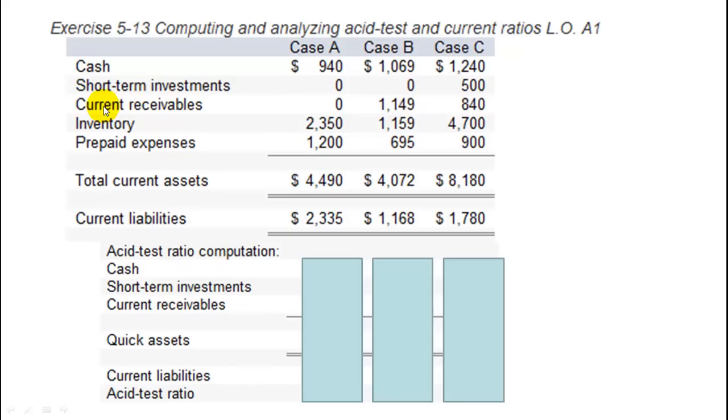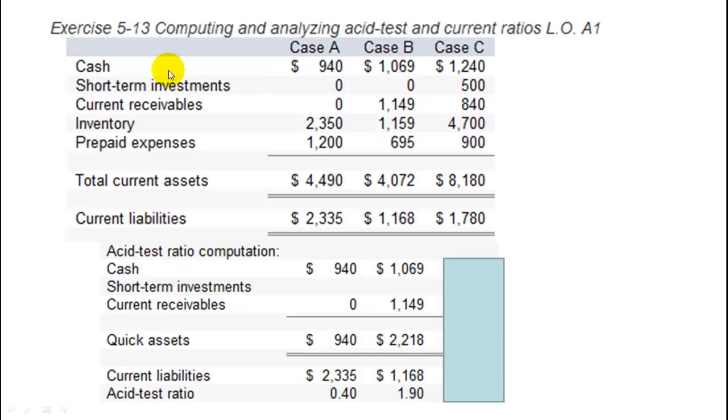It does not count inventory or prepaid expenses. So for case A, it'd be $940, and that looks like it'd be it for the quick assets. So $940 divided by the same current liabilities gives us an acid test ratio of 0.40 for case A.